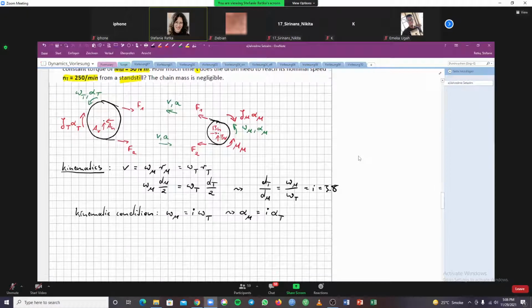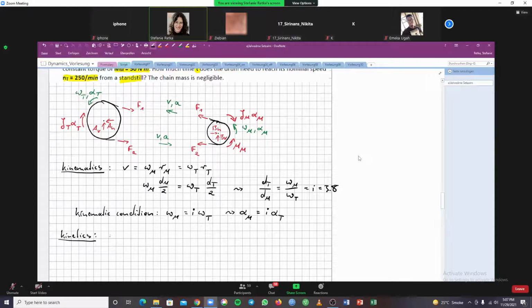And now I can start with the kinetic computations. For the kinetic computations, I will build the sum of all moments with respect to the axis of rotation.